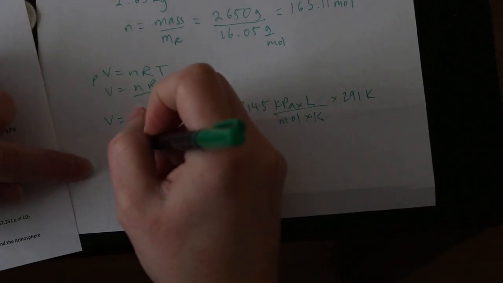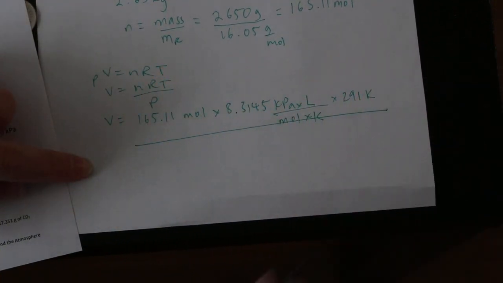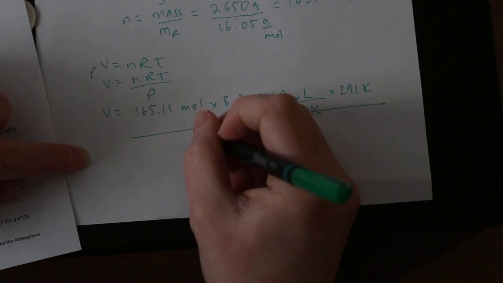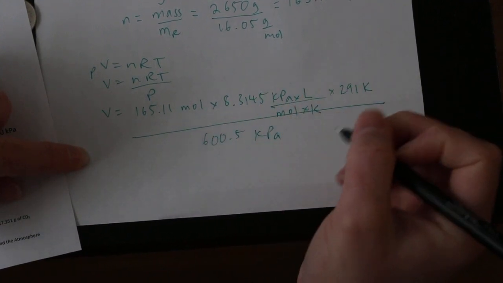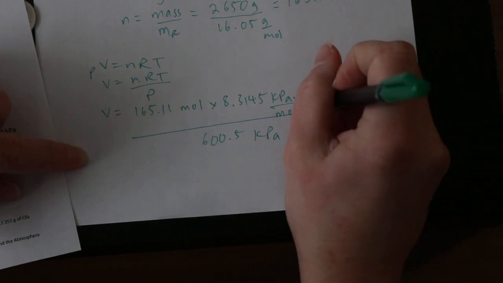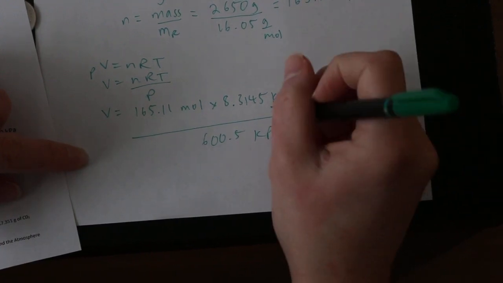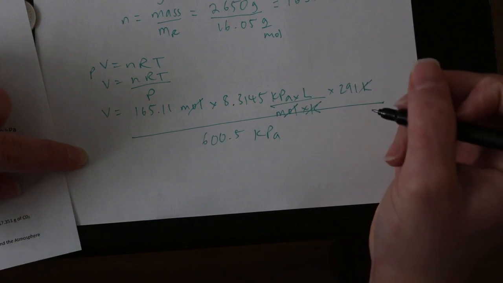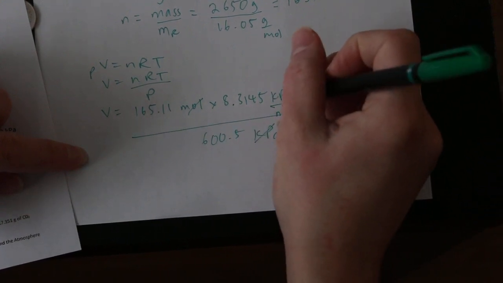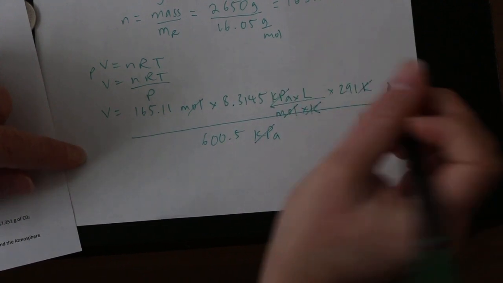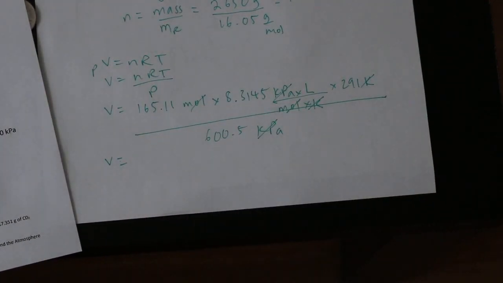Then we divide this entire term by our pressure, which we said was 600.5 kilopascals. So Kelvin cancels out with Kelvin, mole cancels out with mole. This kilopascals cancels with that, so we only have liters left, which makes sense.